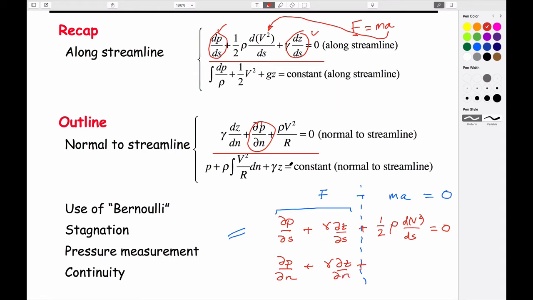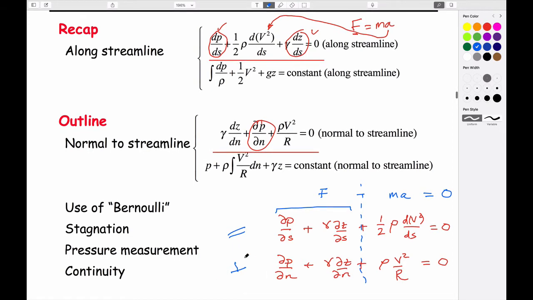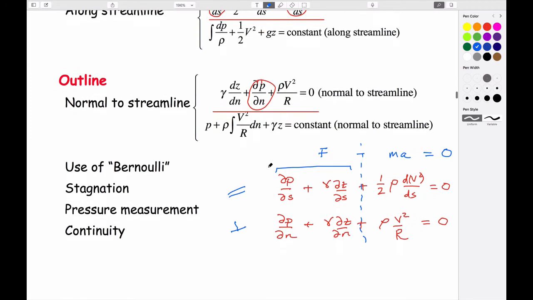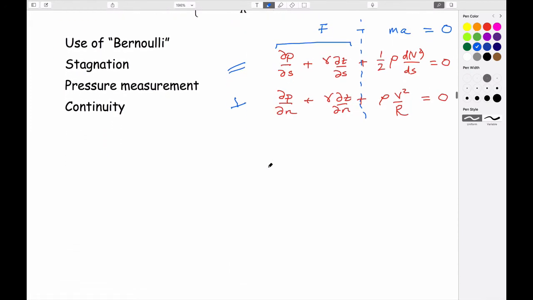And the part which is the centripetal acceleration term rather than convective acceleration term, which is going to be density times velocity squared over the radius, which is also equal to 0. And so specifically, this is the part which is perpendicular to the streamline. So I've just transcribed these equations that we've known down here.